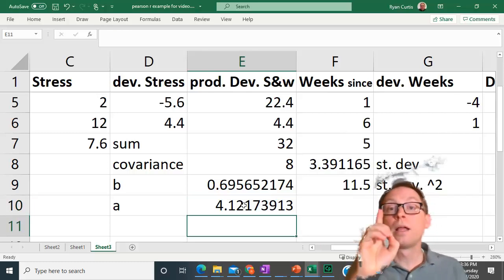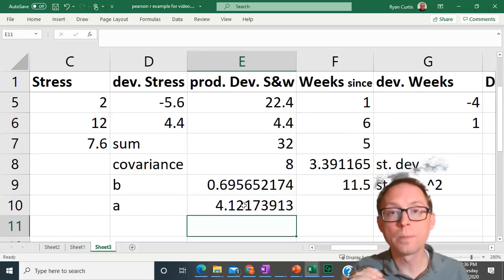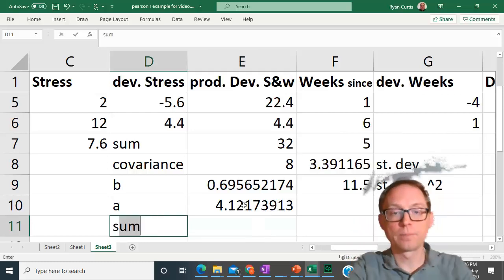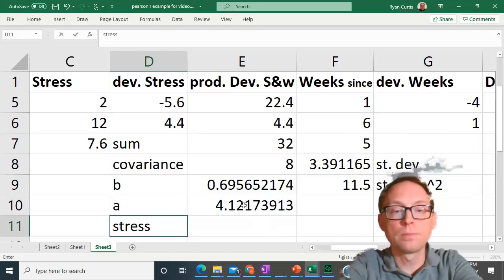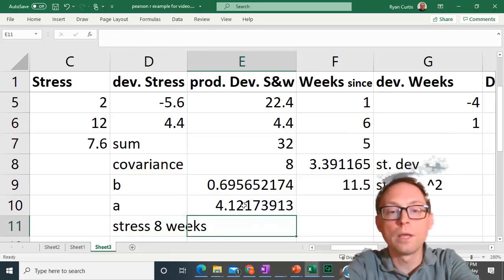Okay, then, if I have been without a vacation for 8 weeks, what do you predict my stress level to be? It's the stress level. It's y hat.